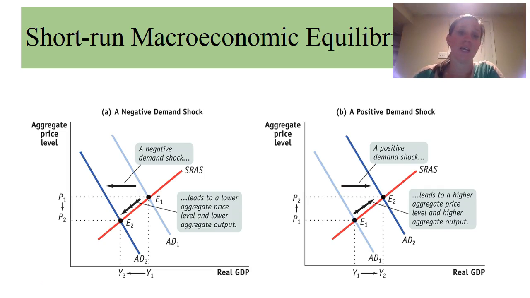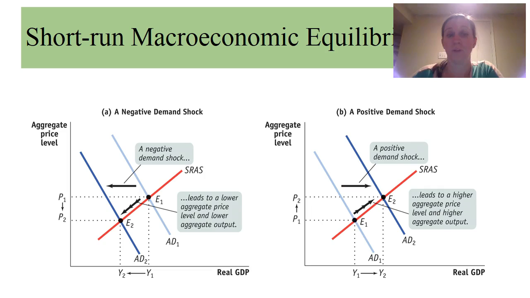Now, for a given level of, say, P1 still, firms are willing to still supply Y1, but consumers demand something that is much less than that, the point where P1 intersects with the darker blue aggregate demand curve.